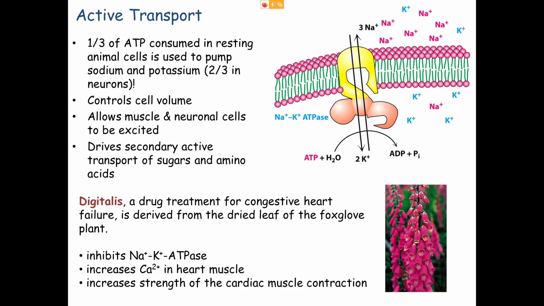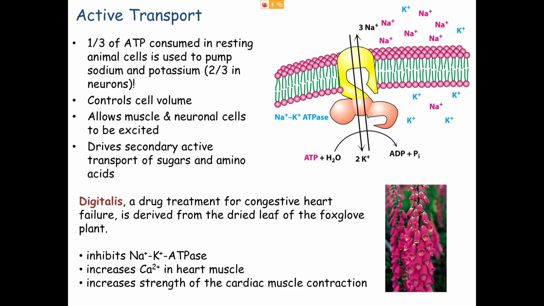So when you take Digitalis as a cardiac medication, it's not in high concentration, right? And what it does is it slows down this pump. It doesn't shut it down completely. It does inhibit the one it binds to, but there are many of these. But it slows it down enough so that the concentration of potassium inside is a little less than we want it to be, and the concentration of sodium pumped out is a little less than we want it to be.